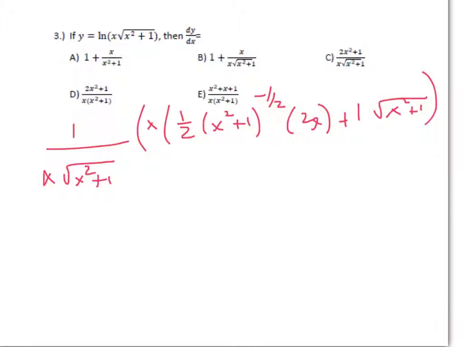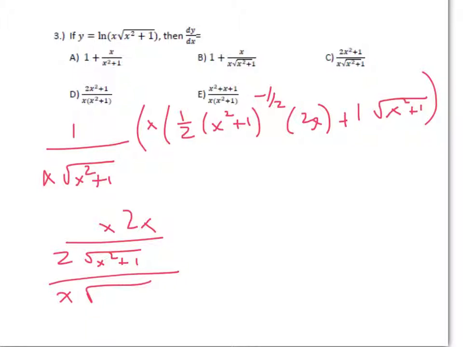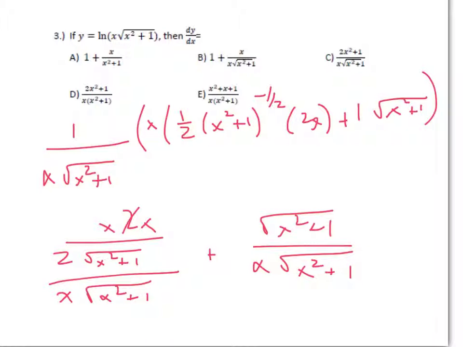So you have x divided by 2 square root of x squared plus 1, with 2x up top, all over x square root of x squared plus 1, plus the square root of x squared plus 1 over x square root of x squared plus 1. So these twos can cancel, and this can cancel with this.